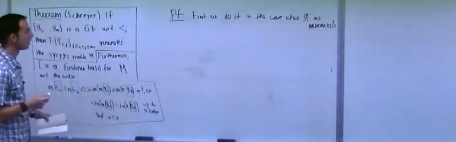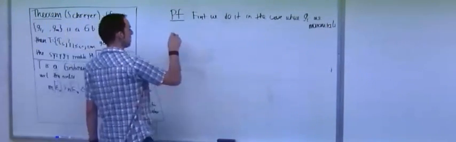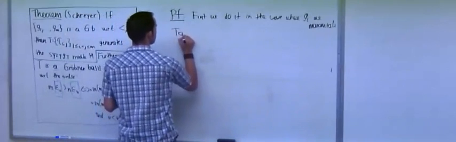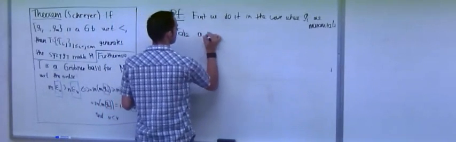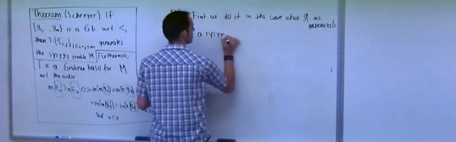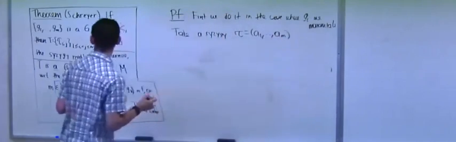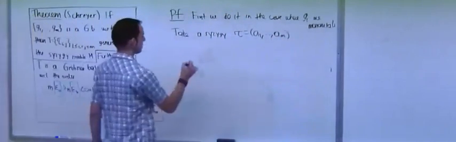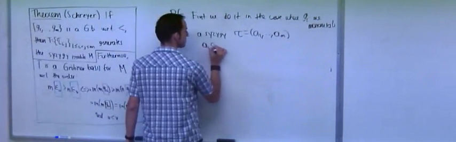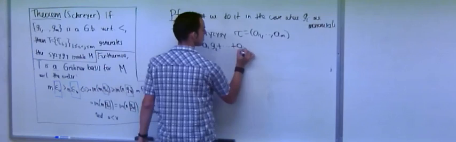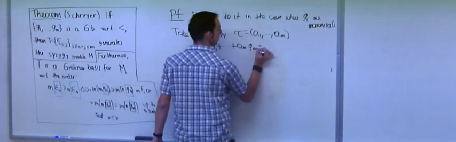Okay. So I say take some syzygy tau, which I can write as A1 up to AM. And what this means is that A1 G1 plus ... plus AM GM is equal to 0.